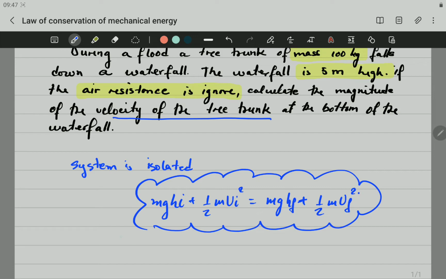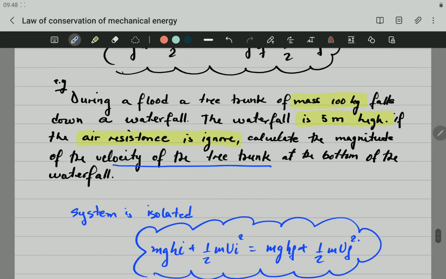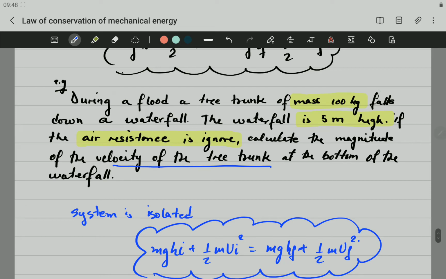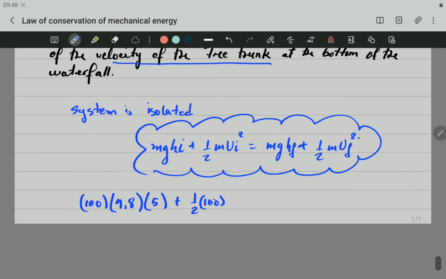The mass is 100 kilograms, so it's 100 multiplied by the acceleration due to gravity, 9.8, multiplied by the initial height, 5 meters, plus half multiplied by 100 multiplied by the initial speed. Remember, the trunk falls from here, it means the initial velocity is equal to 0.